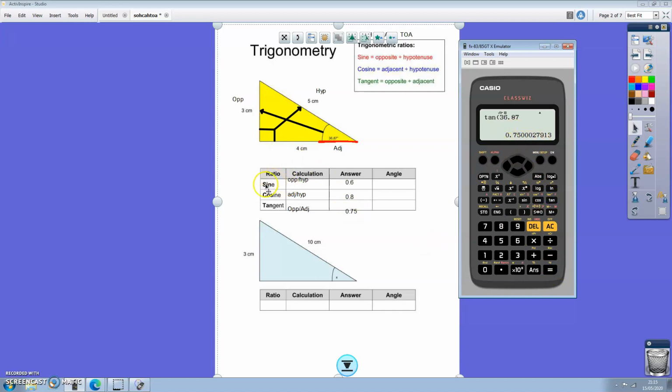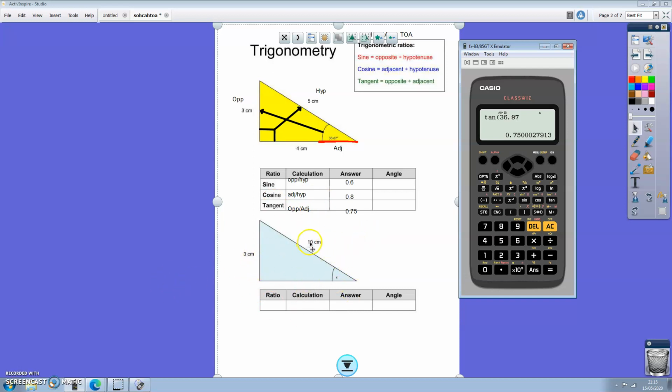So the sine of the angle is equal to the opposite divided by the hypotenuse, the cosine of the angle is equal to the adjacent divided by the hypotenuse, and so on.